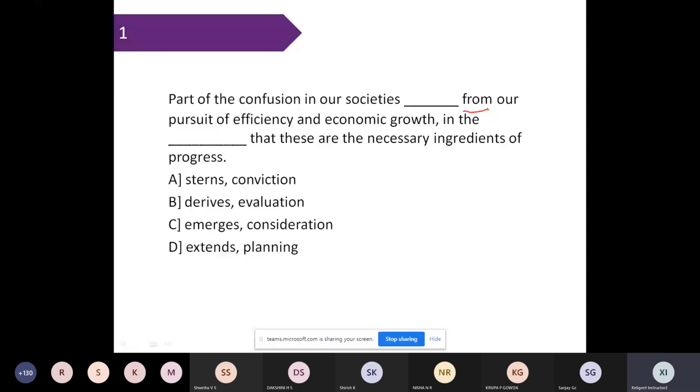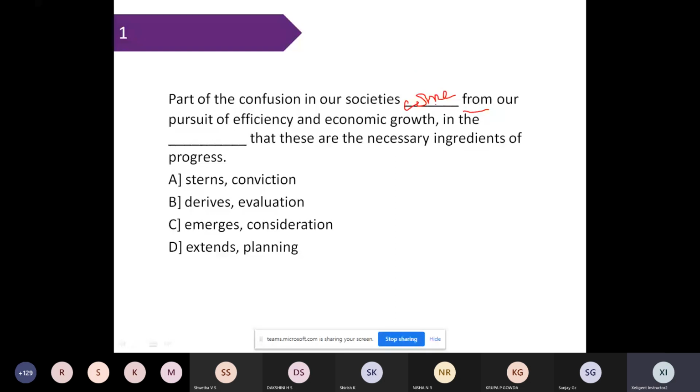We use from to refer to the place where something or someone comes from, starts or originates. So my guess word for the first blank is come. I'm making a simple guess without seeing the options.